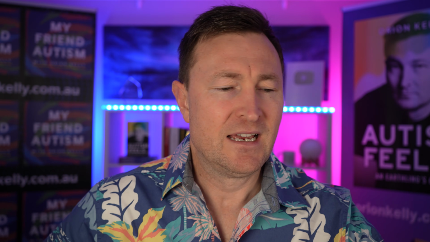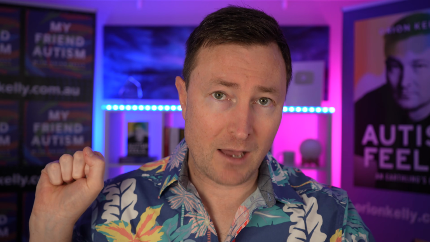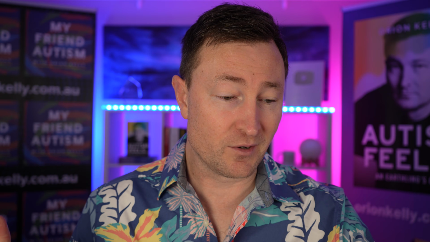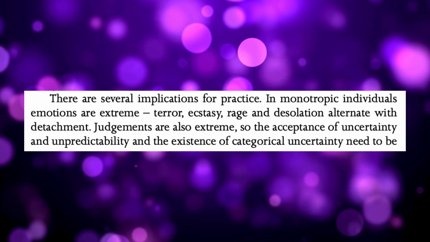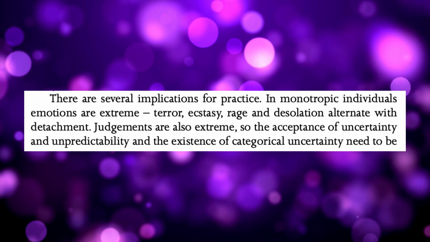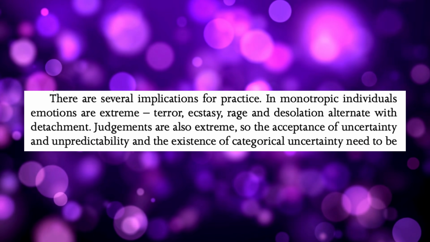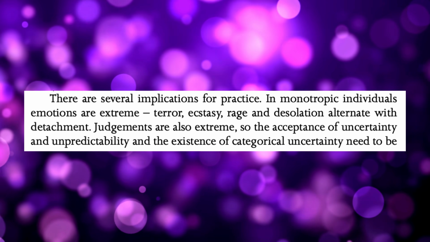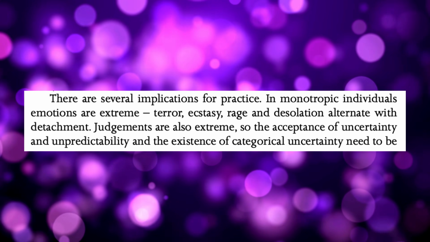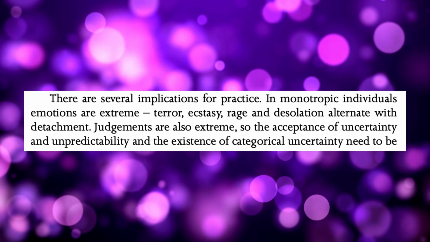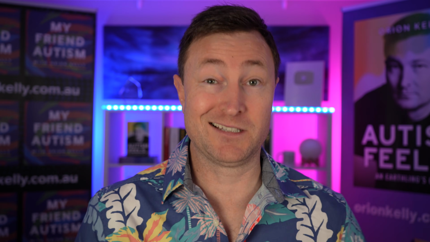And the last piece, they talk about some emotions, which is just a quick little sentence I've taken out, which I think might be interesting to know from the journal. In monotropic individuals, emotions are extreme. Terror, ecstasy, rage, and desolation alternate with detachments. Judgments are also extreme. Another really interesting and different way of viewing the autistic experience.